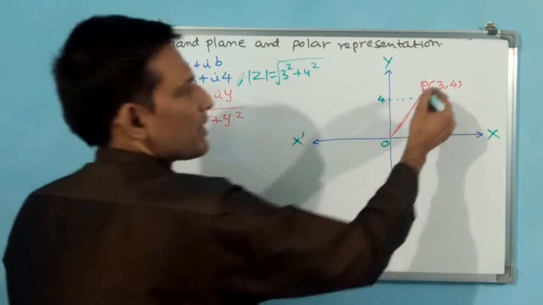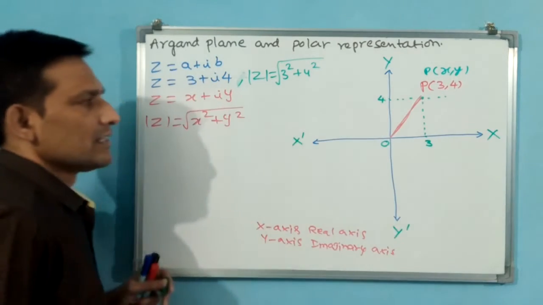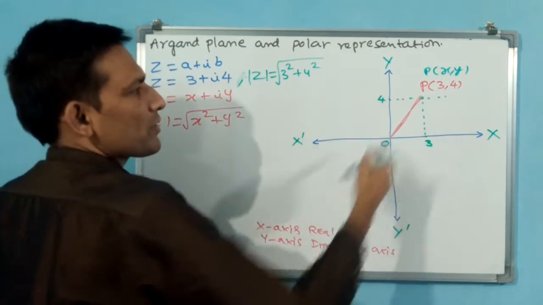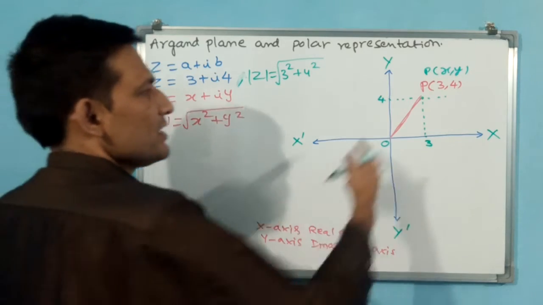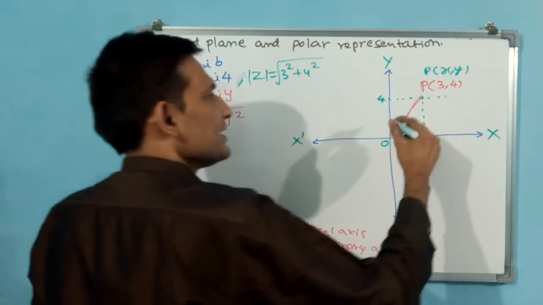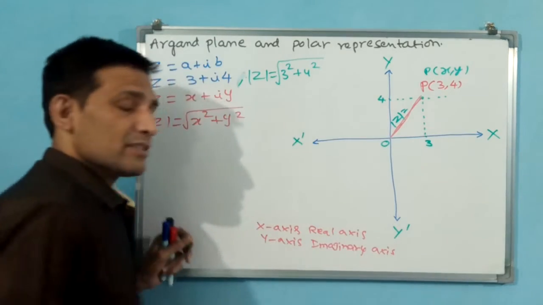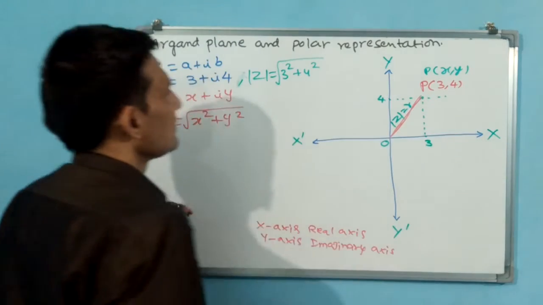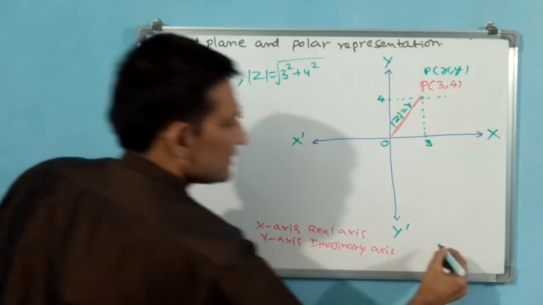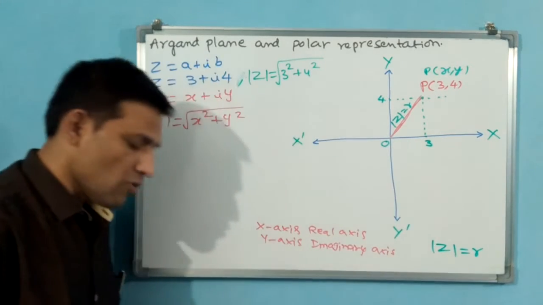P is x, y also you can write, but to understand this purpose I have purposefully made it 3, 4. Here this distance is modulus z, but this modulus z you can also represent with r, radius r.